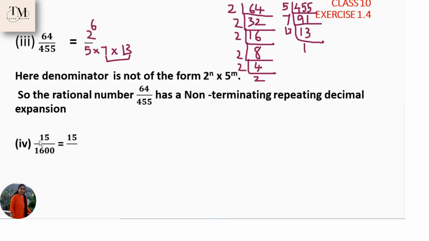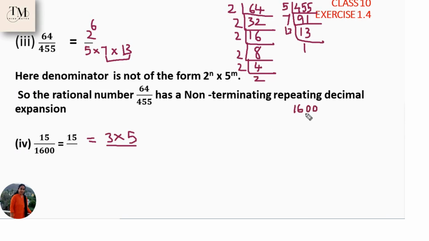Next one, 15 by 1600. This 15 can be written as 3 into 5, divided by 1600, which we have to factorize.